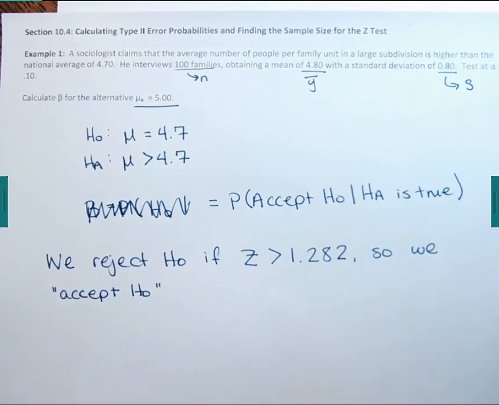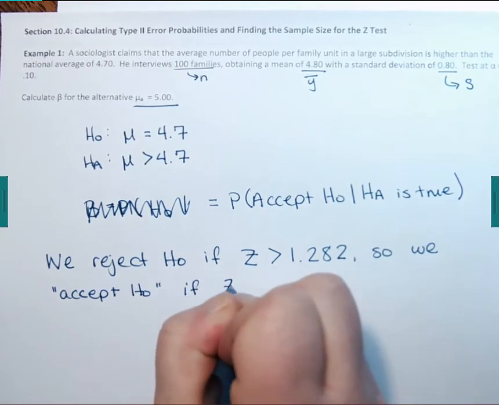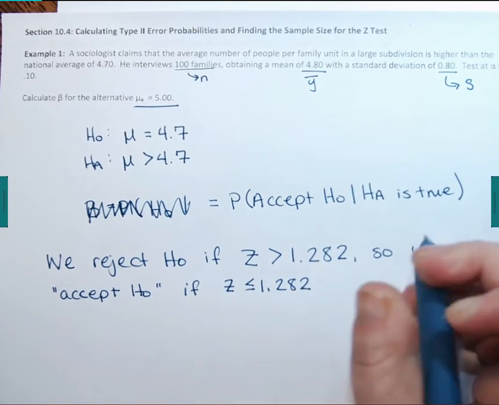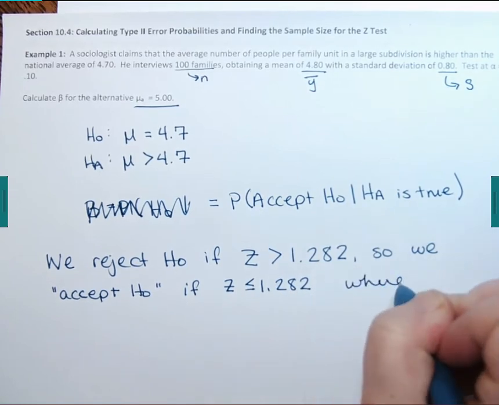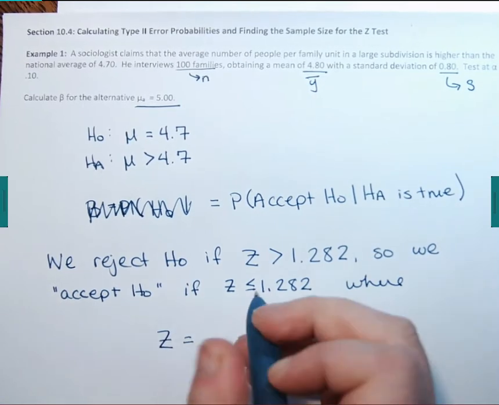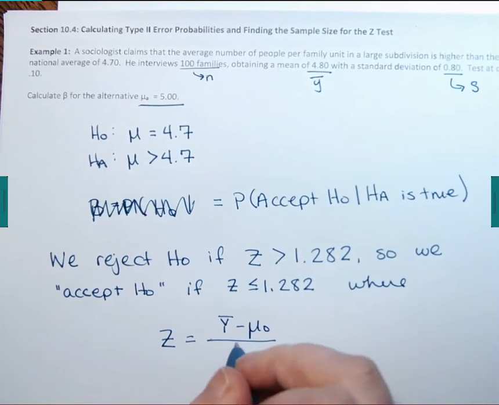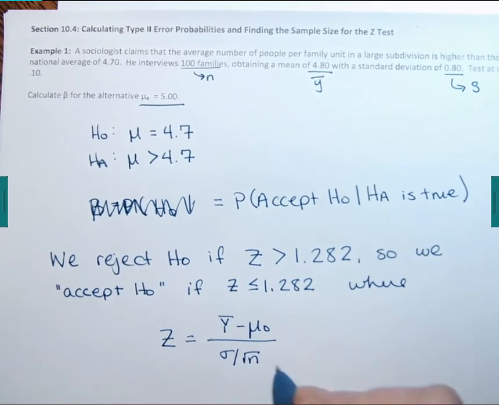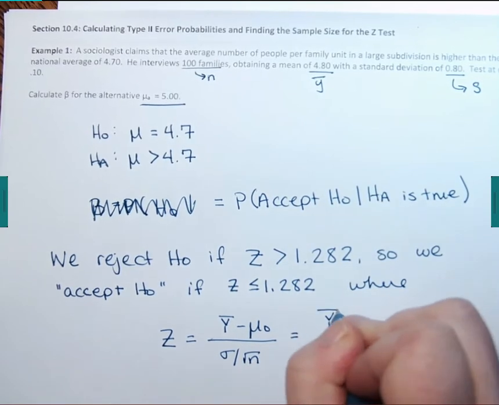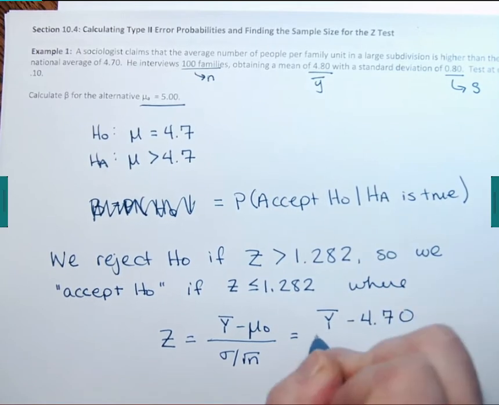Really what we do is we fail to reject it, if z is less than or equal to 1.282, where z is equal to, and I'm just going to write down our formula. In this case, under the null hypothesis, mu is equal to 4.7, so we have 4.7 here.